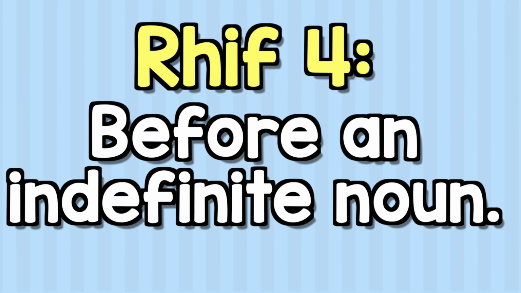Rhif 4. Sy is also used before an indefinite noun, which is equivalent to the English a or an, after the question pwy. There is no equivalent to the a, an in Welsh. Edrychwch.